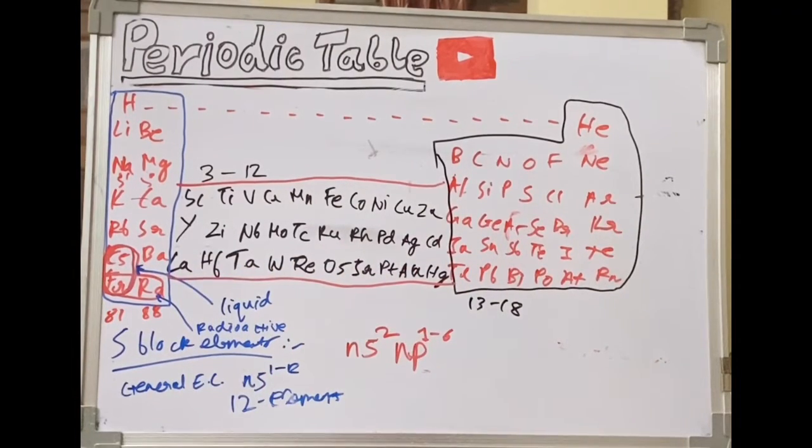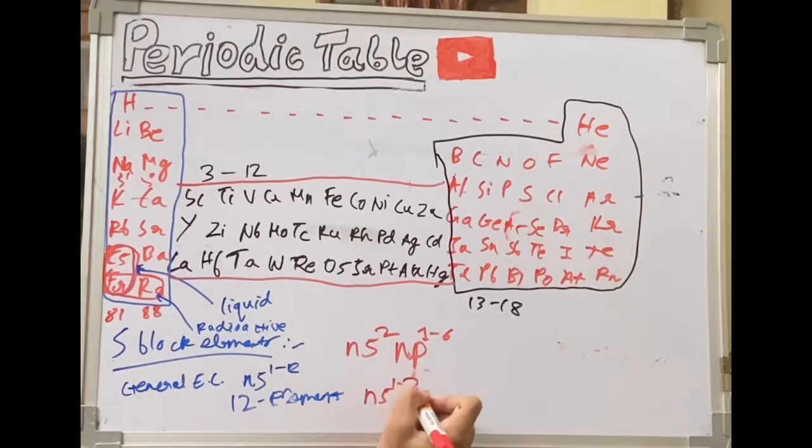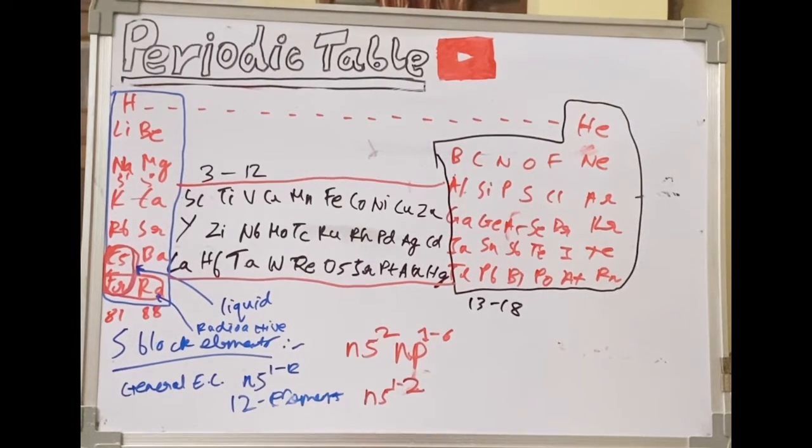Okay, and they have a general formula like this. I'll show you. There are a few exceptions, that's why s can vary from 1 to 2. ns2, and then there is p6.